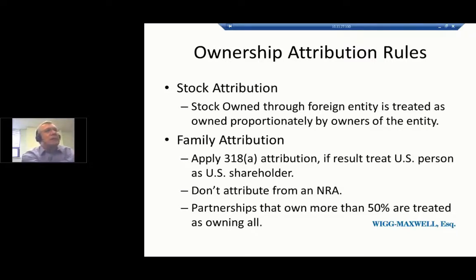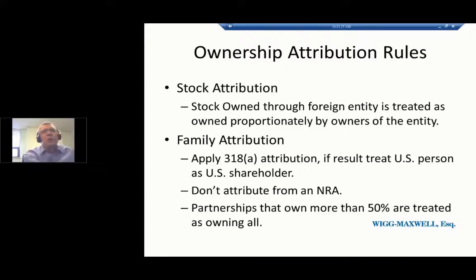One of the complexities about applying the 50% rule and the 10% rule is that ownership attribution applies in determining whether or not you own a share of a foreign corporation. For stock attribution, if you own a share of stock, it's attributed to you, that's obvious.